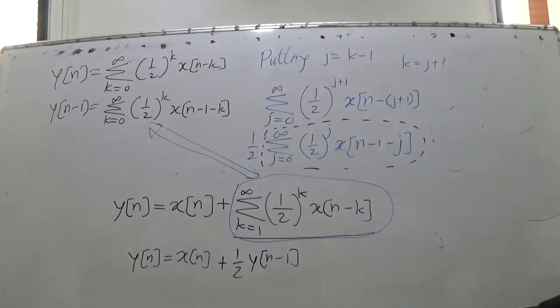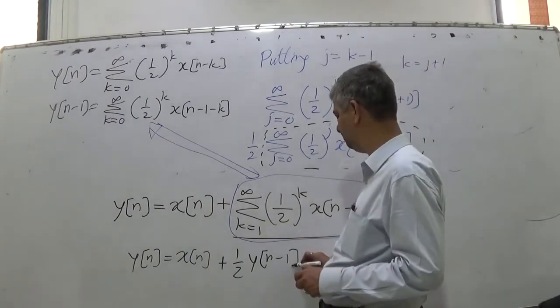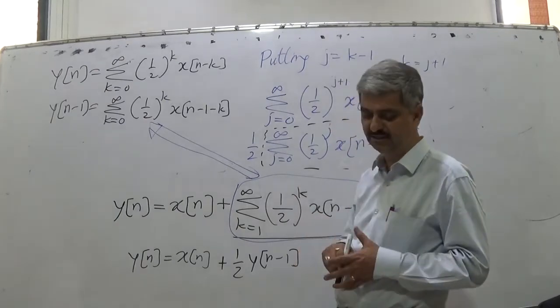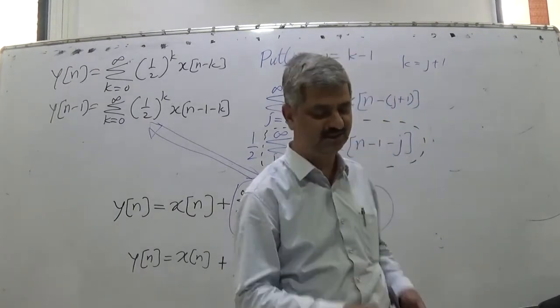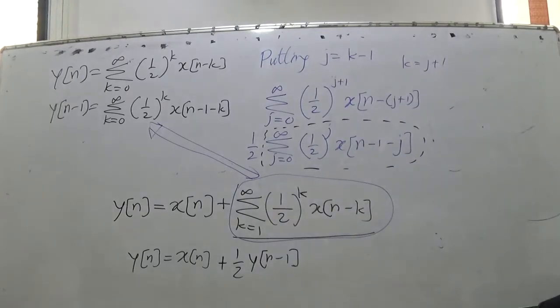Thus yn is equal to xn plus half y of n minus 1. So this is a simple non-iterative finite, only two term expression. A non-iterative infinite term expression is reduced to a simple two-term iterative finite expression.